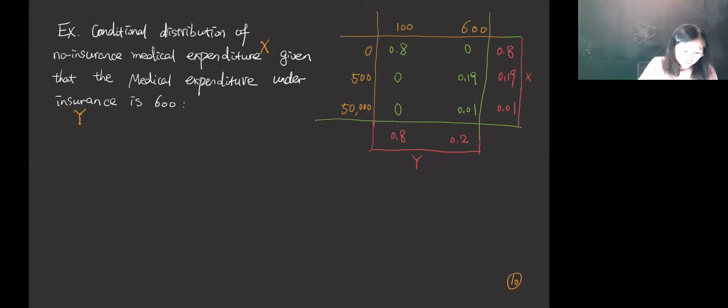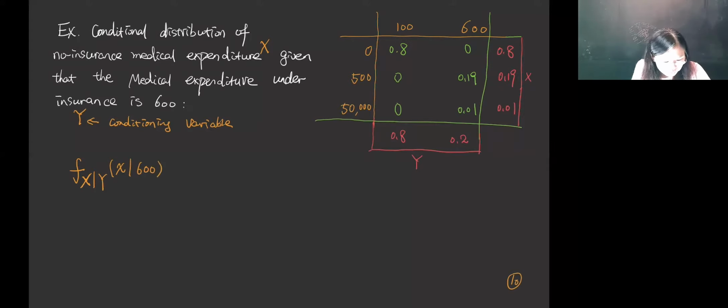So in this example, the conditioning variable is y, and the variable of interest is x. So what is the conditional distribution of x given y, given that y equals 600?